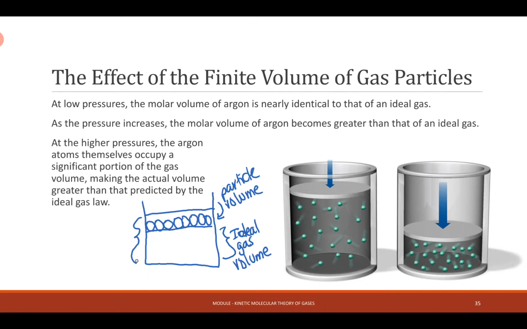And so the volume of the real gas is a bit more than the ideal gas law volume. So the real gas volume is everything. The ideal gas law just ignores the volume occupied by the gases. And so as we get to higher and higher pressures, more and more of the space is occupied by the particle volume, to the point where we can't just ignore it anymore.